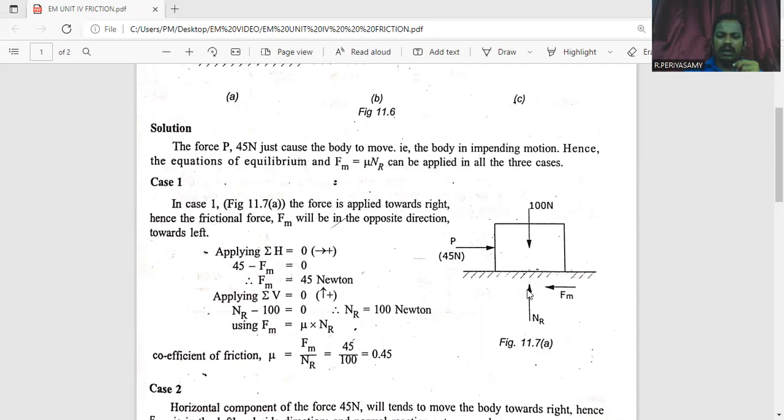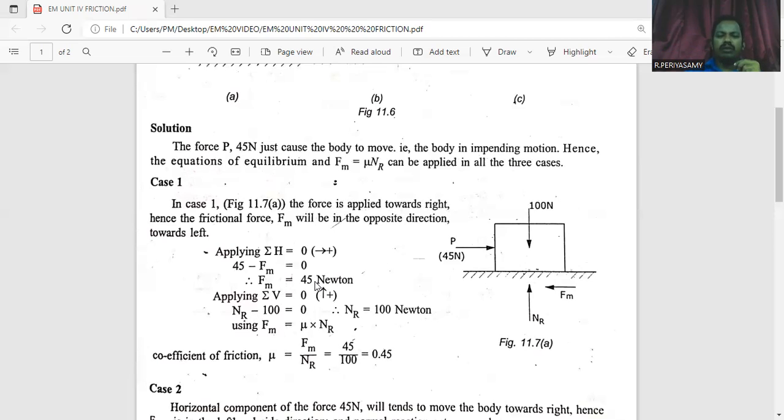The normal reaction acts in the upward direction, so it is considered a positive sign. So Nr minus 100 equals 0. Here Nr equals 100 Newton.